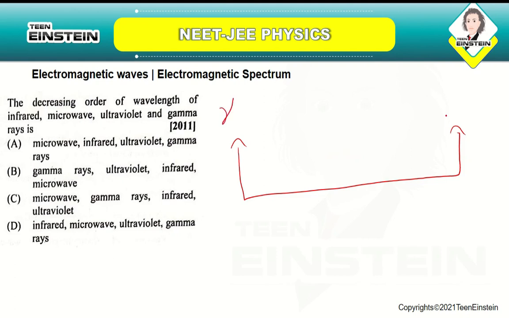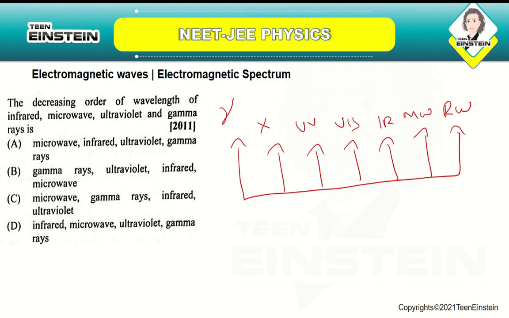It starts with gamma and ends in radio waves. In between, you will have X-rays, UV, visible, IR, and microwaves. The question asks for the decreasing order of wavelength. The wavelength increases in that direction, so for decreasing order you have to go the reverse way.